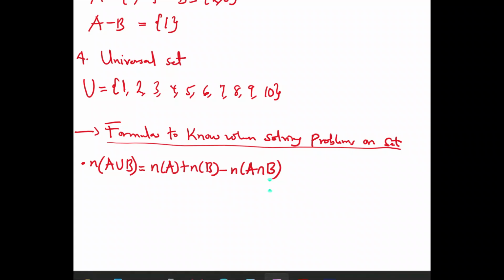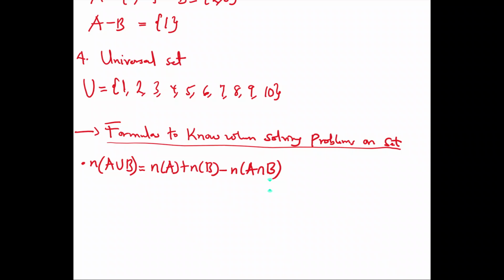Now, let's say you are given 3 sets. We have to find the number for 3 sets like this.